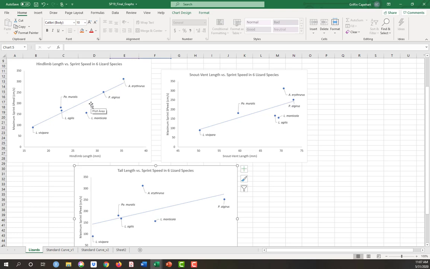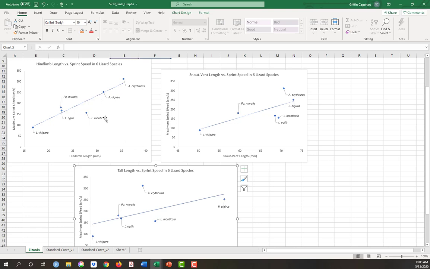Lizards with longer hind limbs are going to be faster, similar to how humans work, right? Longer legs, you're typically faster. So that's a positive correlation. If you flipped this and had a line that was going down, you would know that as hind limb length increases, sprint speed decreases.